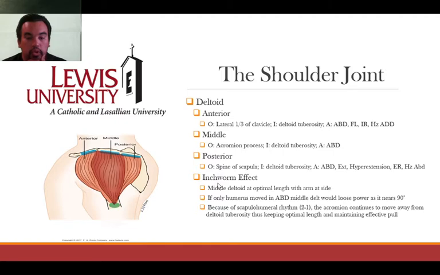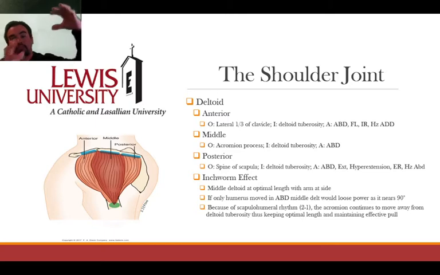So we have this inchworm effect that occurs at this muscle particularly, where the middle deltoid is at optimal length with the arm at its side. If only the humerus moved in abduction, the middle delt would lose its power as it nears 90 degrees. But because of the scapulohumeral rhythm, remember, as we start moving that humerus at the glenohumeral joint, at a certain point that scapula kicks in after about 30 degrees.